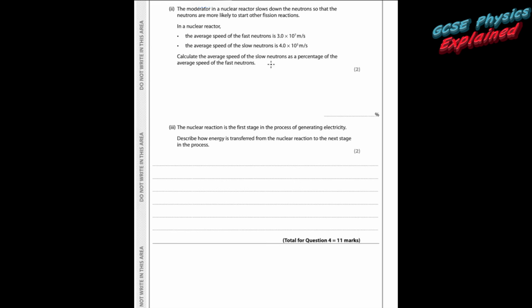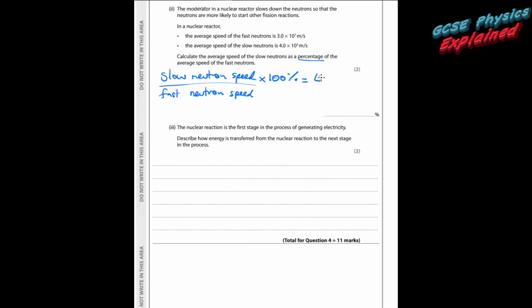So you just need to do the slow neutron speed divided by the fast neutron speed. And if we want it as a percentage, you'll need to multiply it by 100 to get it into a percentage. So let's pop the numbers in.